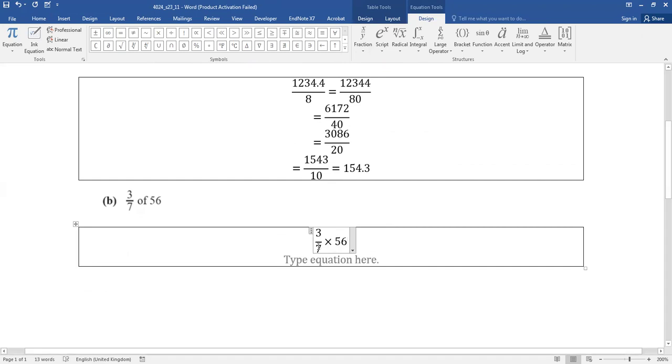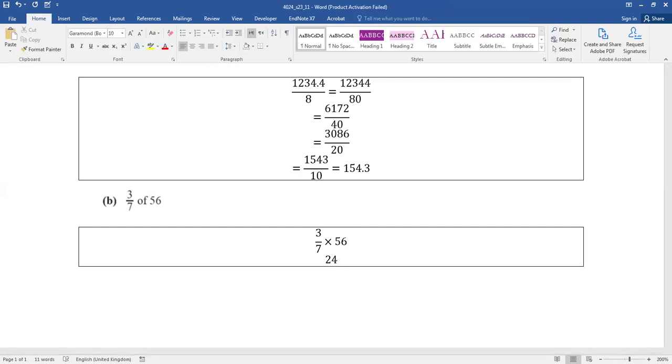So 7 and 56 can cancel out. 7 1s are 7, 7 8s are 56, and then 8 3s are 24. So cancel out the big numbers whenever you can in order to avoid confusion. Okay. Moving on to the next part.